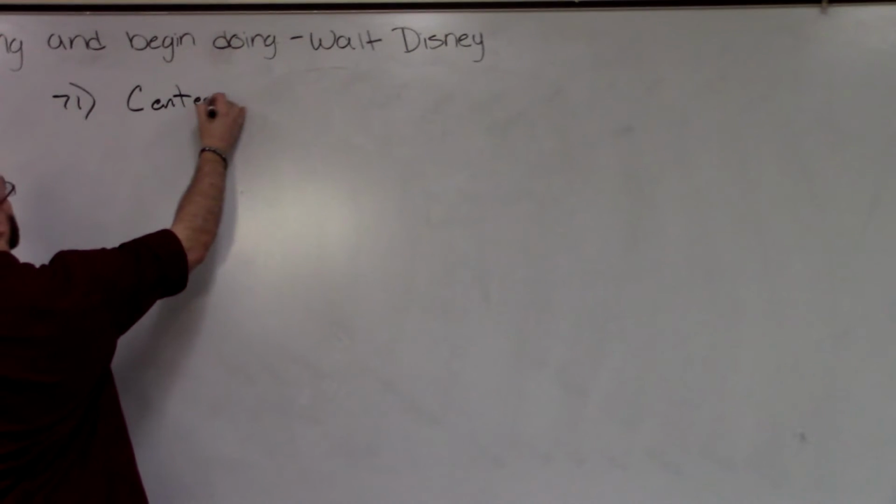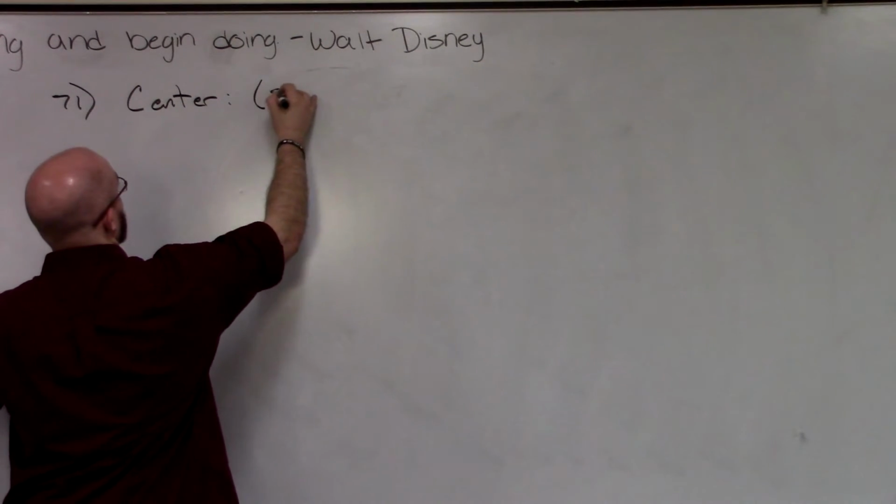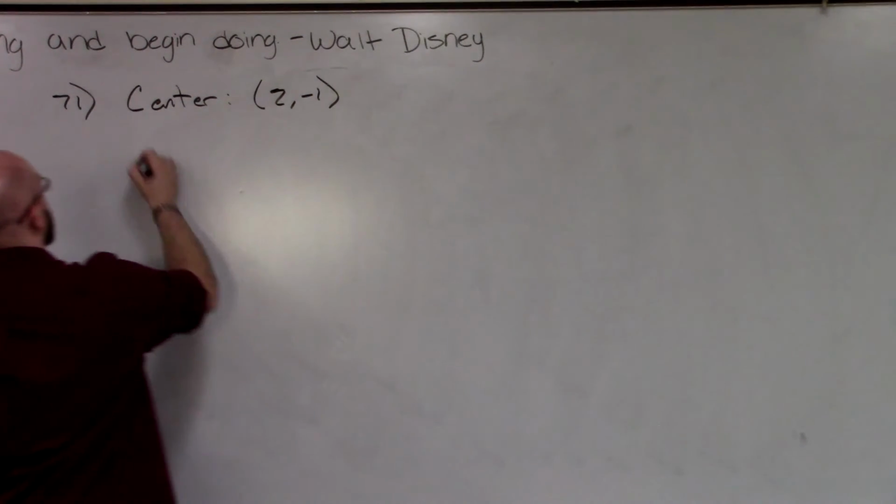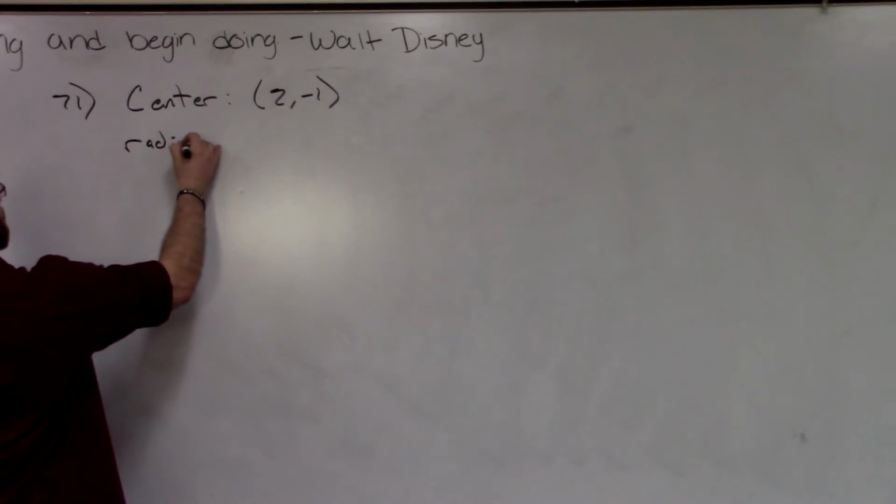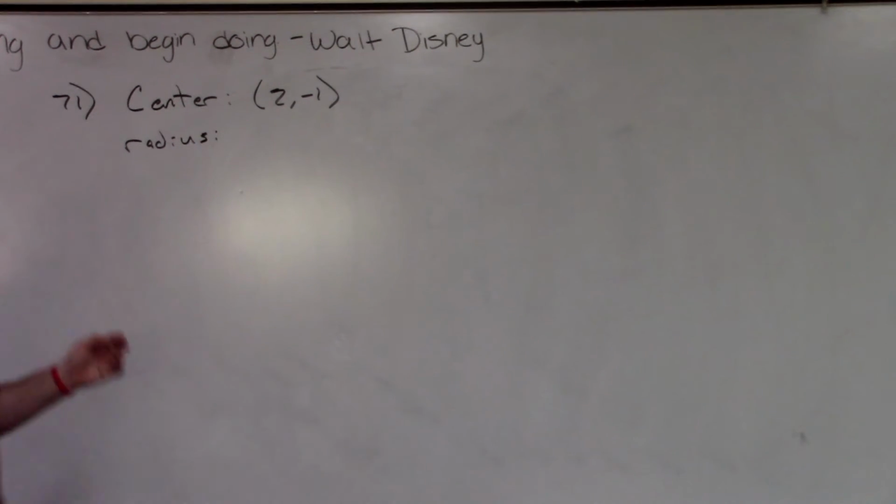And for the problem with circles, let's see, it gives us the center (2, -1), and the radius of, let's see, 71, radius of 4.